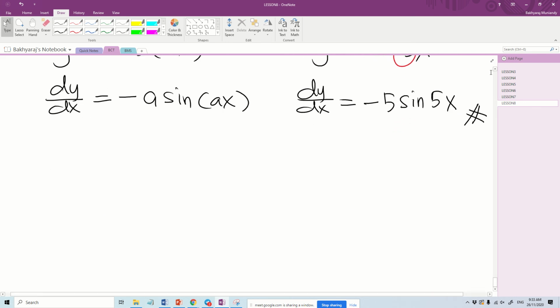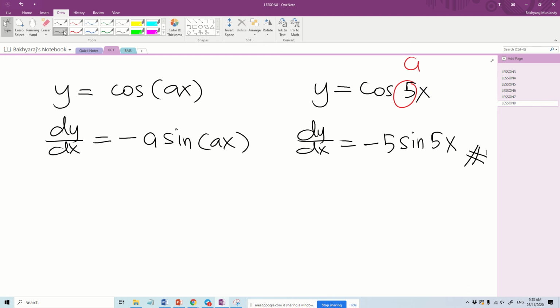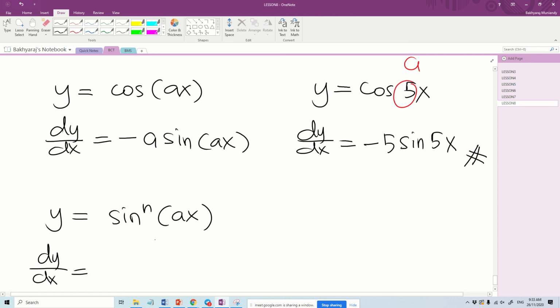Kalau kita ada power, let's say we have y equal sin^n(ax). So in this case we get dy/dx equal to a times n, n turun bawah, times sin, sin dia akan jadi cos.